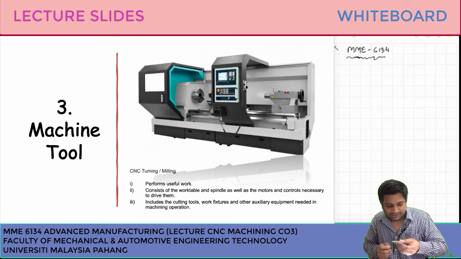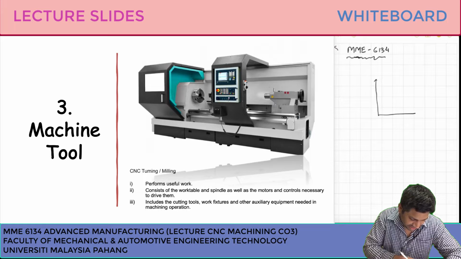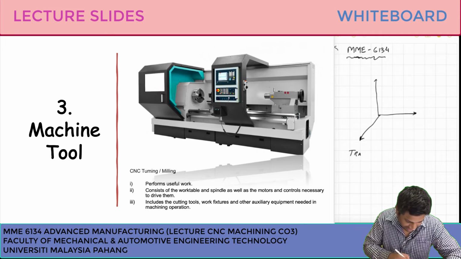Nowadays the modern CNC machines are multi-axis. So this is one axis, then this is two axis, this is three axis. And if we only say that this is translation, then we say it is a 3 degree of freedom machine.